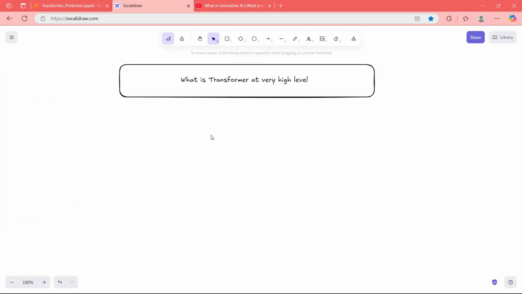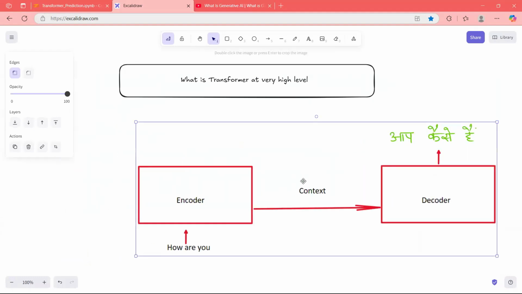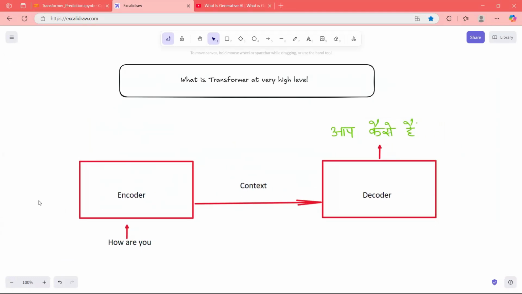And what is an encoder decoder architecture at a very high level? I have some notes here, I will paste them there. For example, you can see this. There is an encoder. In the encoder, you give your input sentence, it generates a context and gives you an output. This is the transformer at a high level.